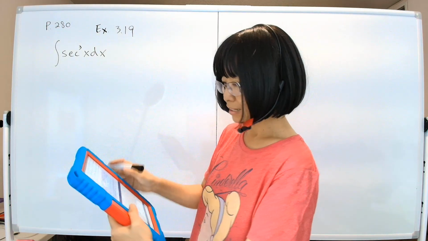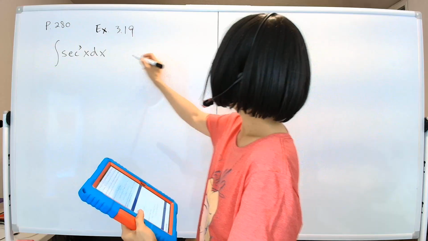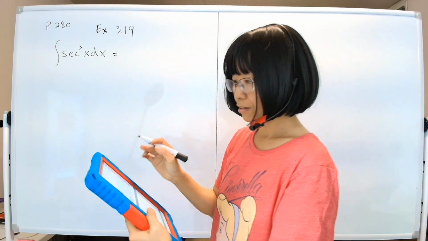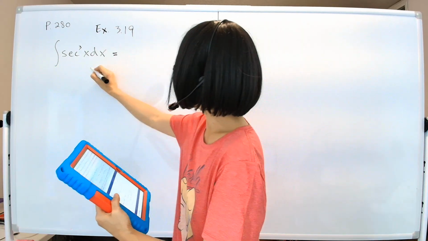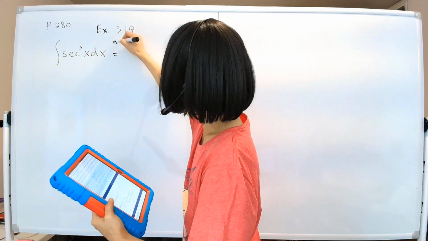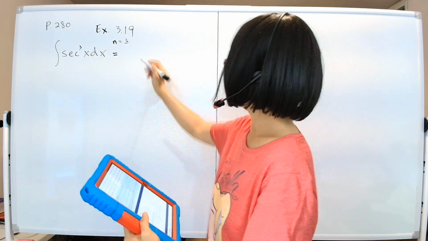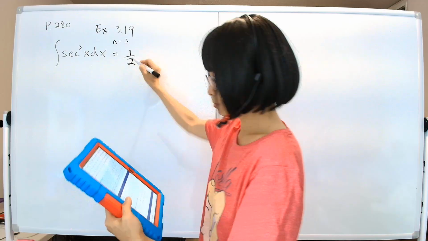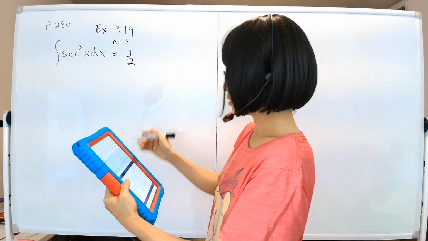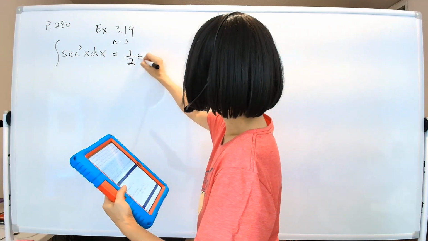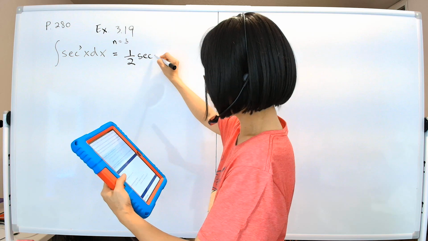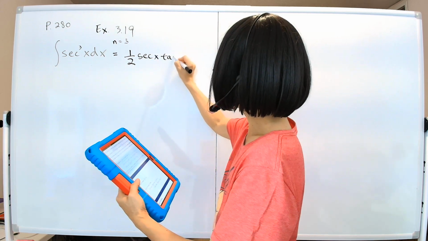Following the reduction formula, we have this equal to 1 over n, where n is equal to 3 in our case. I'll write that here: n equals 3 in the formula. So that equals 1 over n minus 1, which is 2. Then secant to the n minus 2, which is 1, so just secant x, tangent x.